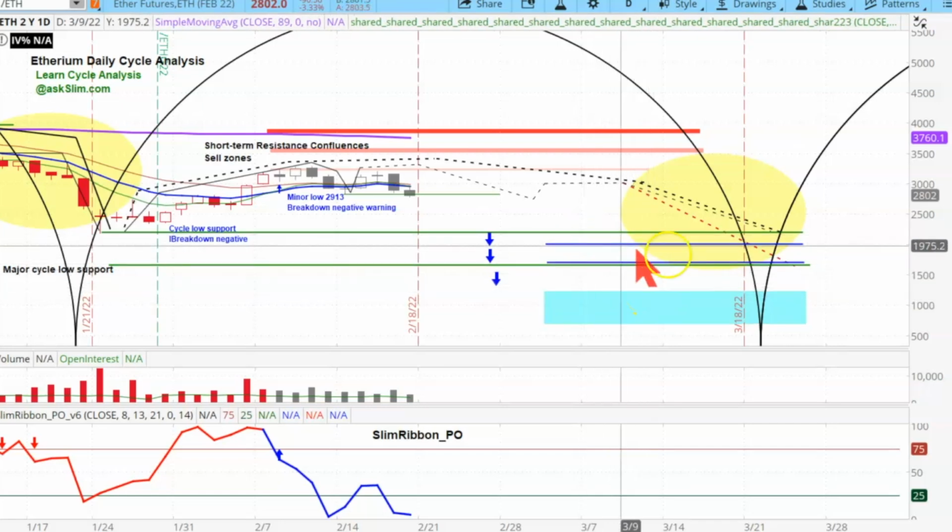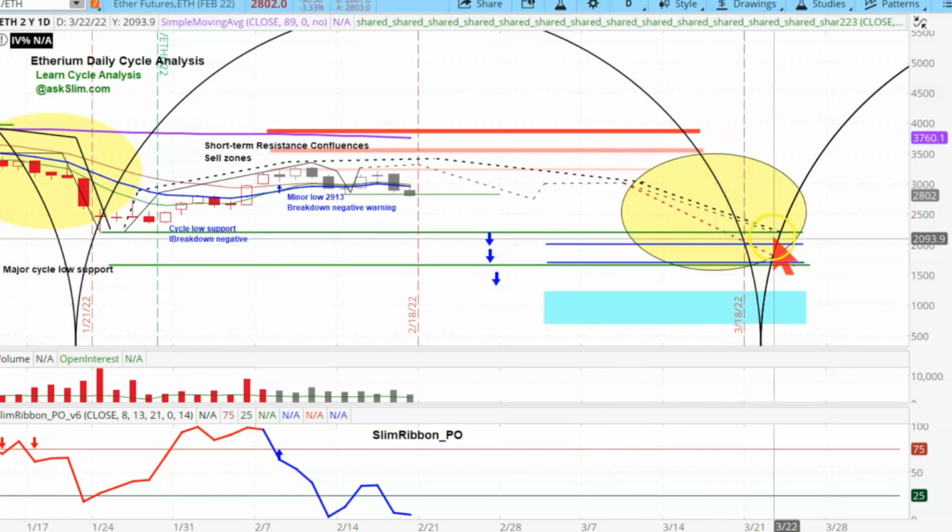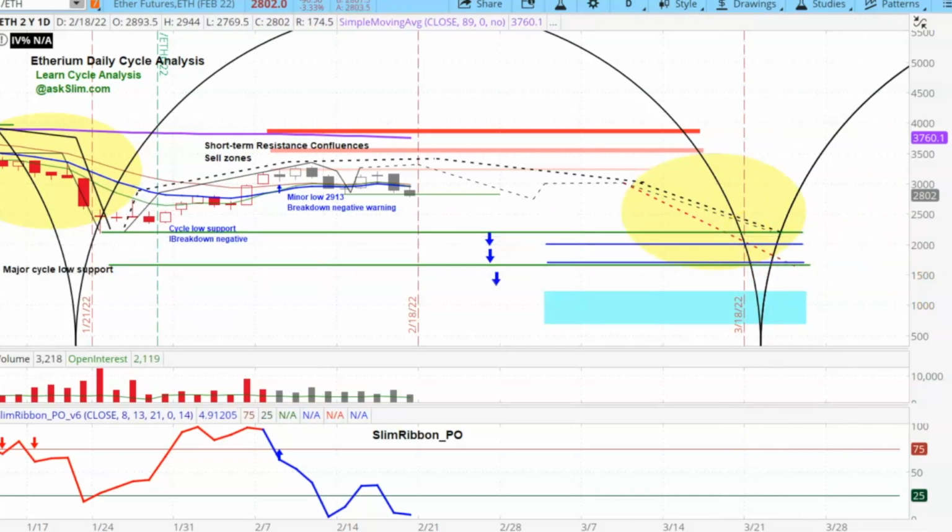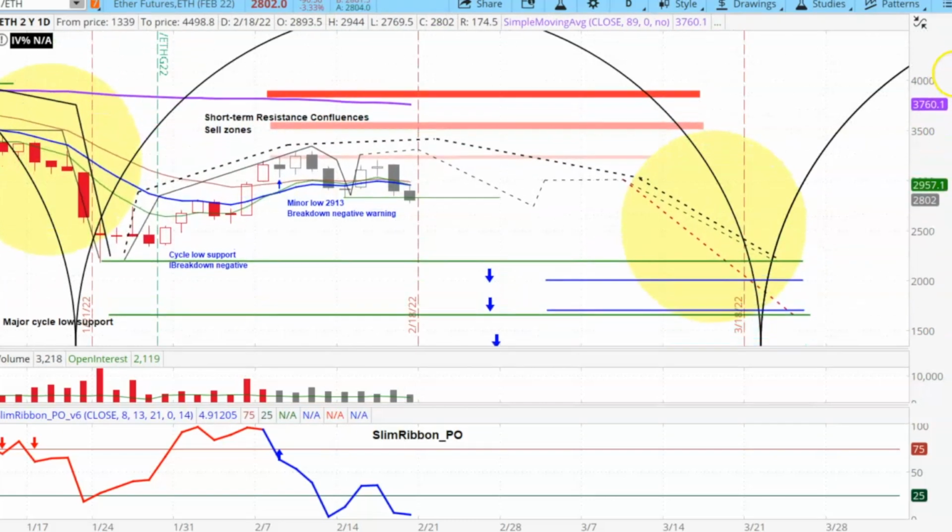So I don't really think it's going down to 1200 in here, but this area right under here, under 2200, really looks like a very strong possibility based on the analysis as it shows in here right now.